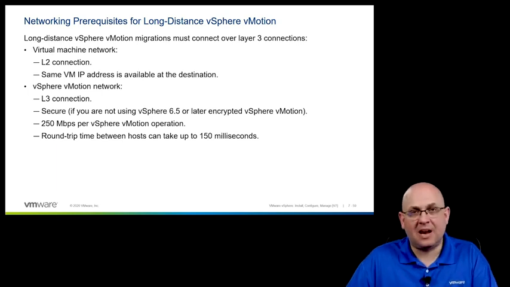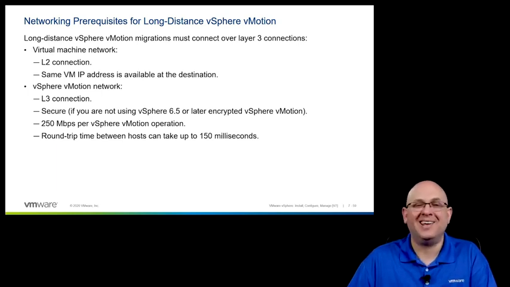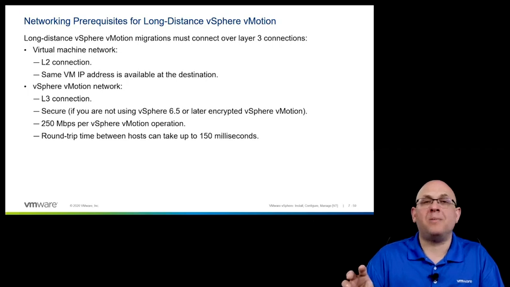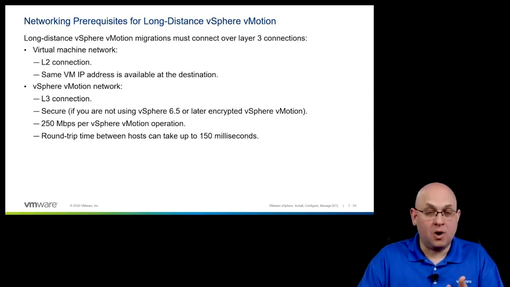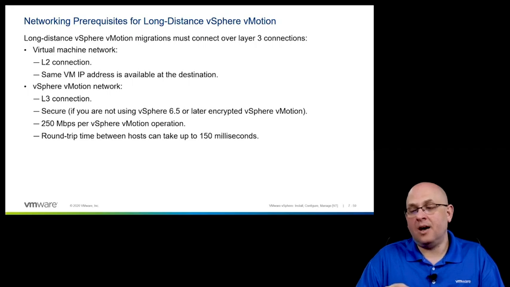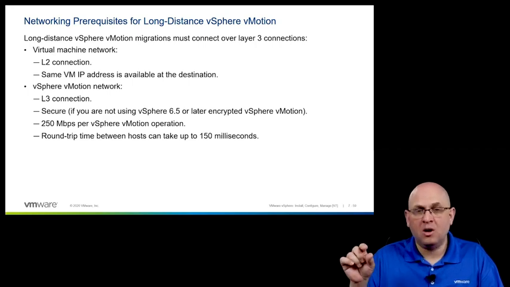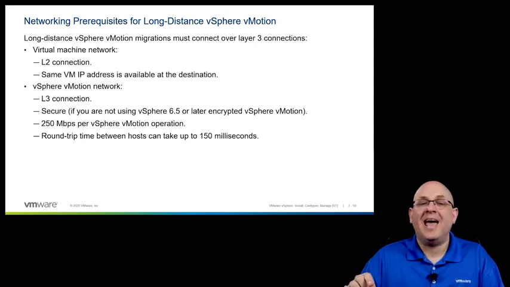Anything later than vSphere 6.5, all vMotions will be encrypted, and at least you know that your memory footprint on that WAN link is protected. We need 250 megabits of bandwidth per simultaneous vMotion, and the round trip time for latency between the source and the destination sites must be within 150 milliseconds.